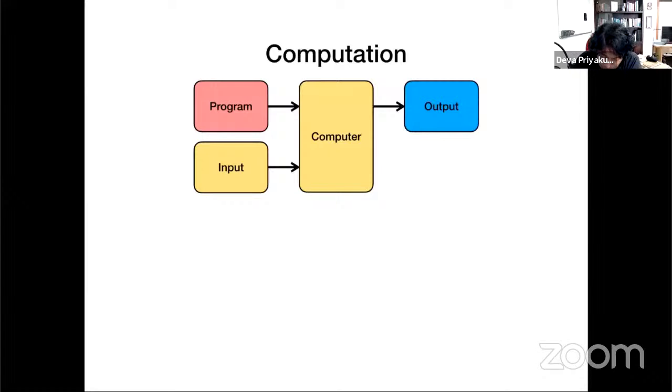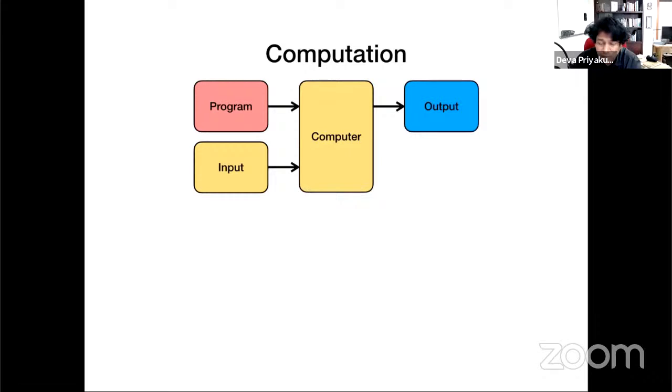So what is traditional computation? The traditional computation is that you have a program code. If some of you are already doing drug design, you usually have a program, for example Dock or AutoDock or Schrodinger.